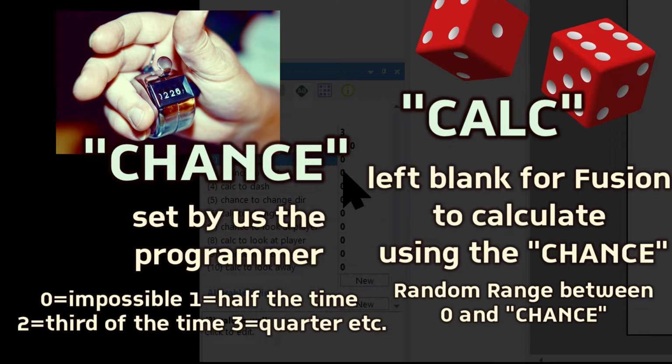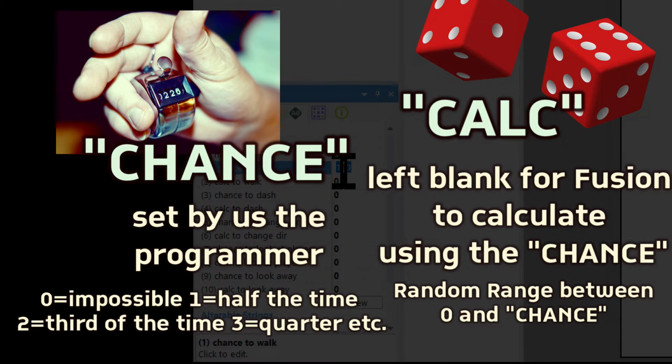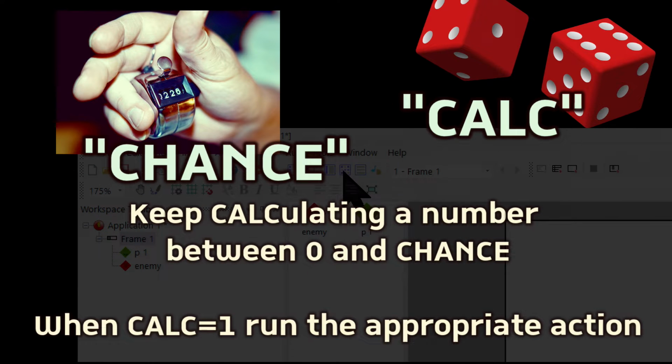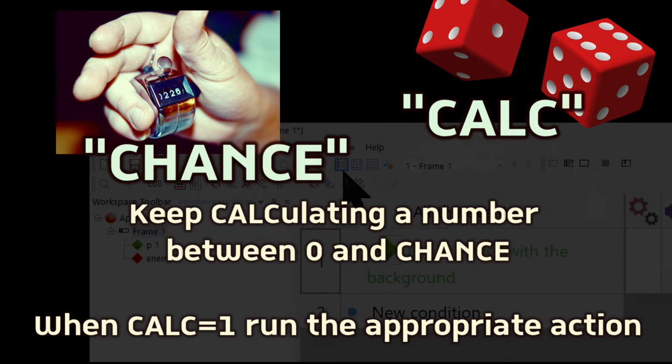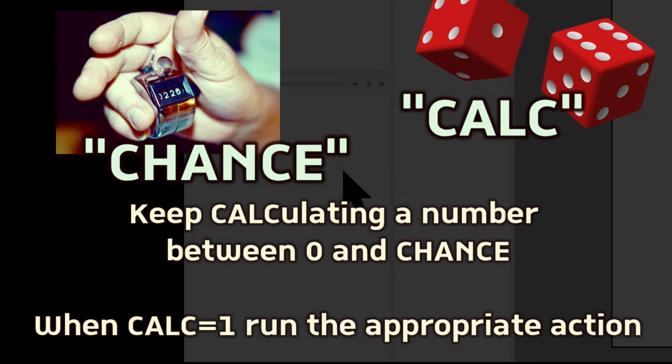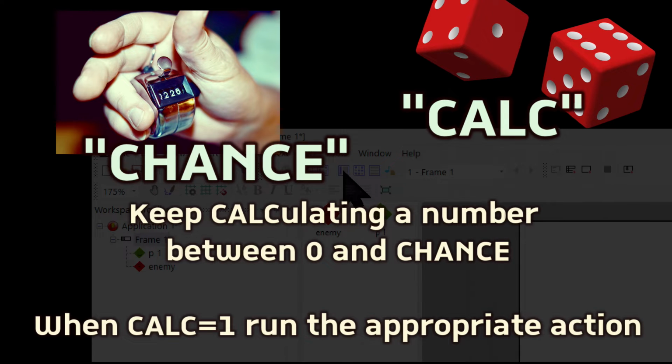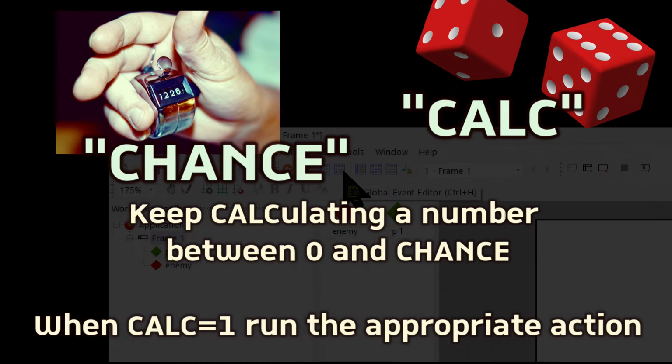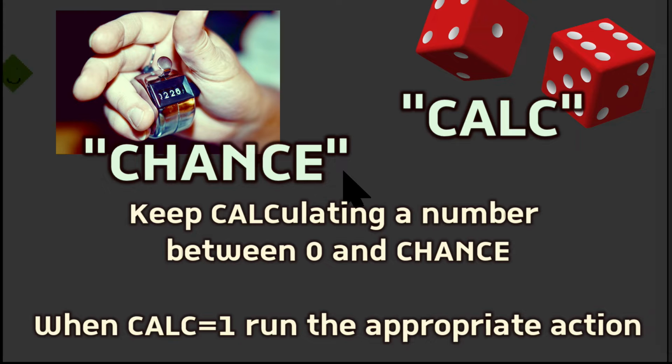Then we'll have a condition that will trigger on if the calc to walk or dash or look away is equal to 1, then we have an action that relates to it. So if calc to walk equals 1, then we'll set the movement of the character to a slow movement speed.